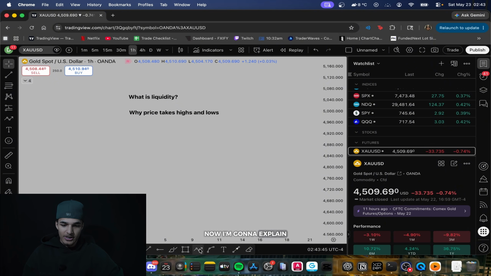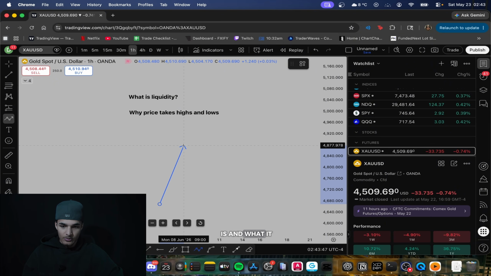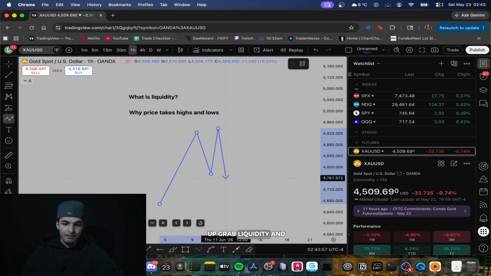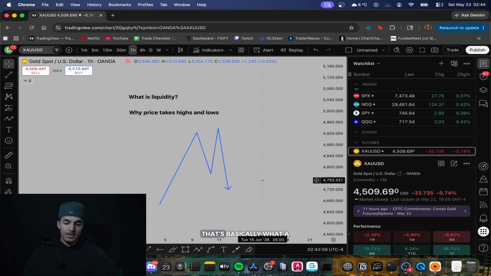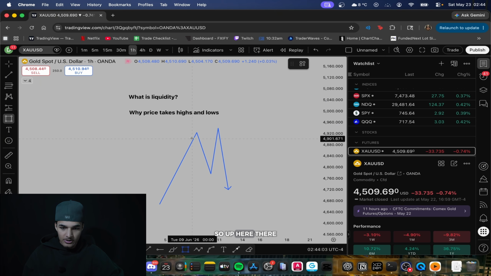Now I'm going to explain what a liquidity sweep is and what it looks like. So price makes a high here and makes a low. And now price is going to go up, grab liquidity, and then make a move down. That's basically what a liquidity sweep is. So up here, there is a lot of liquidity.